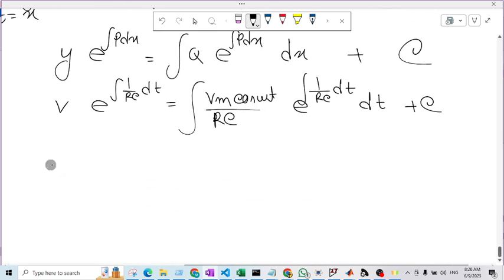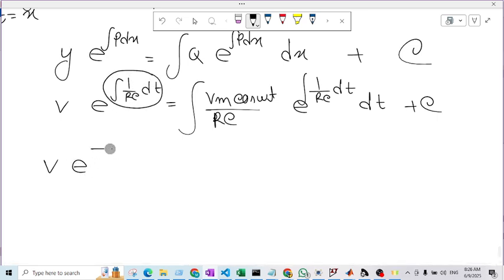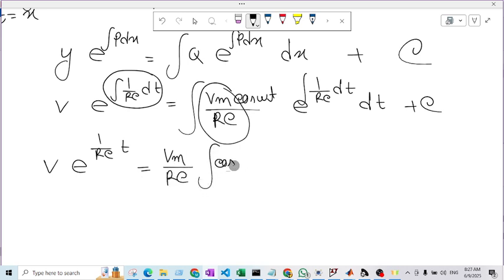If you integrate this, you will simply have 1 by RC into t, then write this constant outside the integral operator, then I will have cos omega t, and integrating this, it will become e to the power 1 by RC t, plus c.